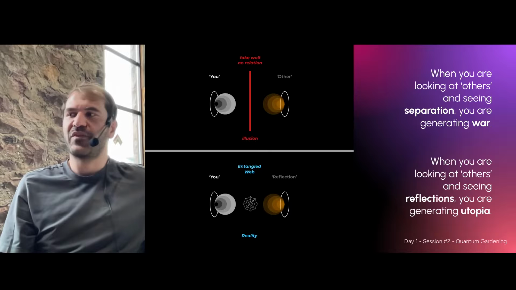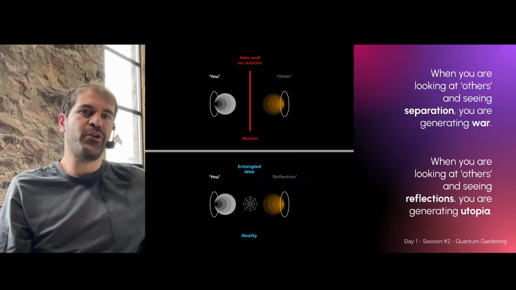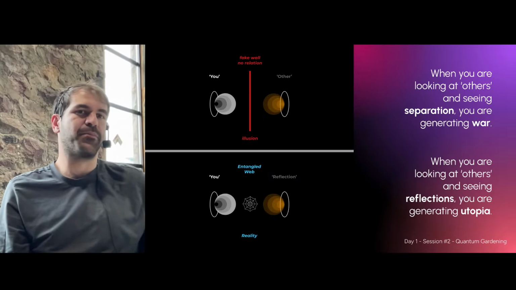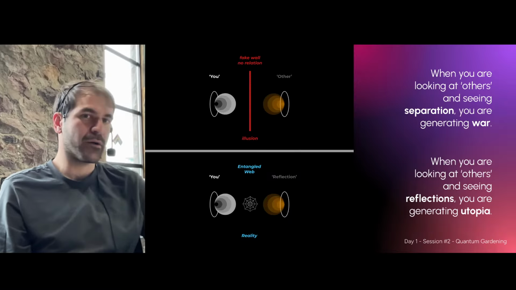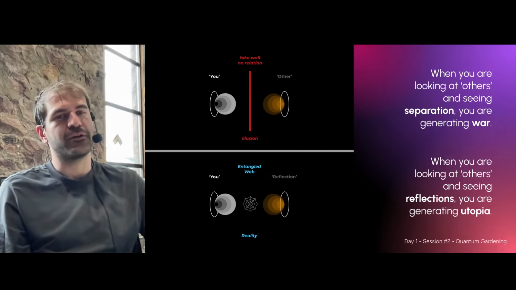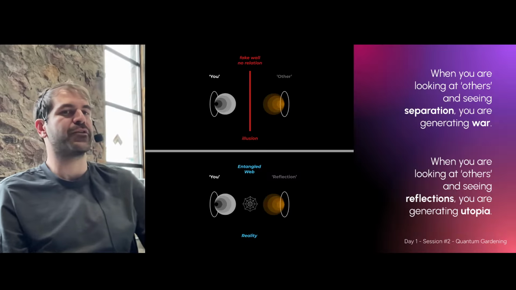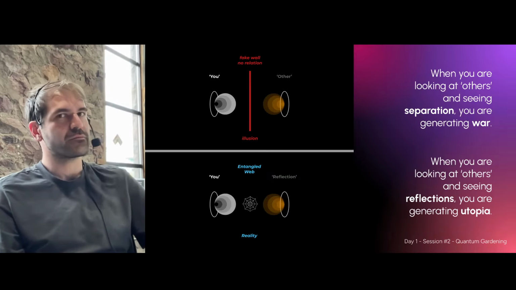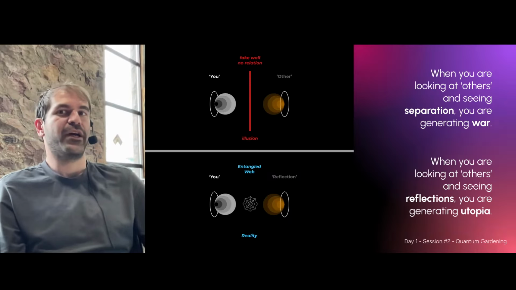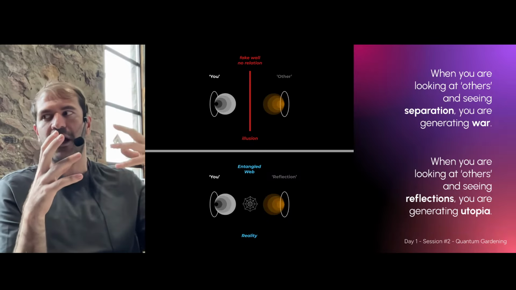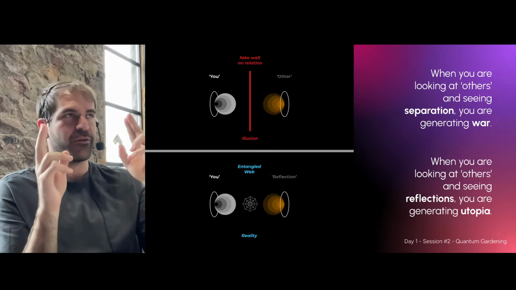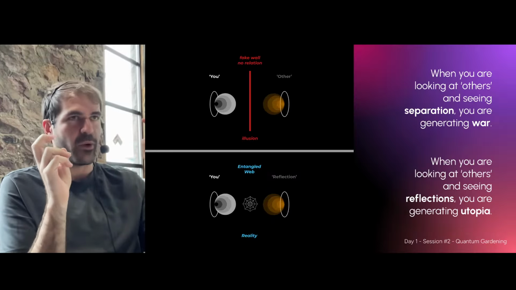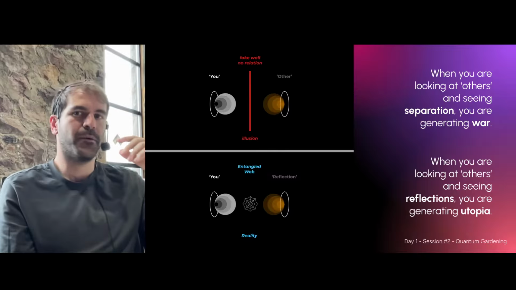Okay, so further playing on the same point, when you are looking at others and seeing separation, you are generating war. When you are looking at others and seeing reflections, you are generating utopia. Pretty simple. So if you have you and then you have an other, like in that top graphic, and other is always in air quotes, because it's always a reflection of you.